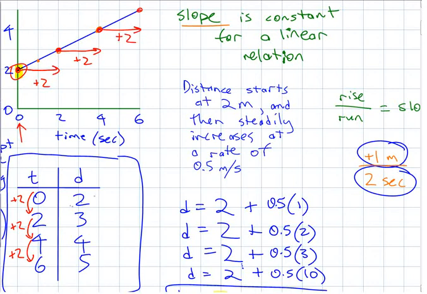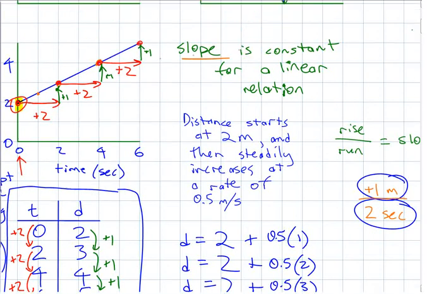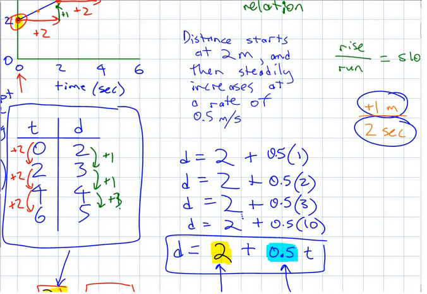And if I make a jump the other side here, how much does this change? Plus 1, plus 1, plus 1. It's going up plus 1 every time. If this weren't a linear relation, like if suddenly this curved up now, and this was a plus 3, you'd see that in the table.